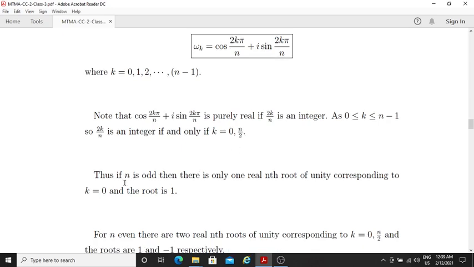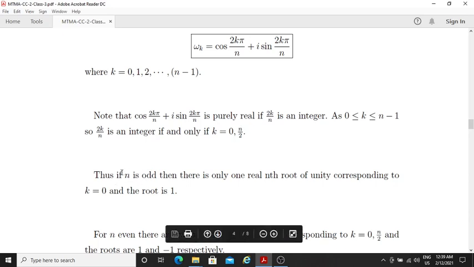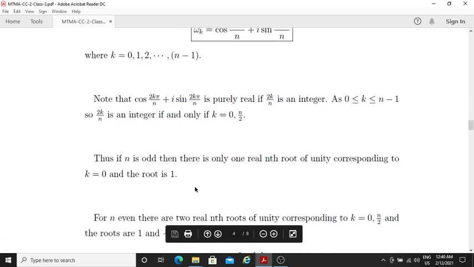So when n is odd, you may not get n/2 as an integer, so k cannot take that value. When n is odd, the only possibility when 2k/n is an integer is k equals 0. And in that case, if k equals 0, you get the value 1. Okay, 1 is definitely an nth root of 1, you know.